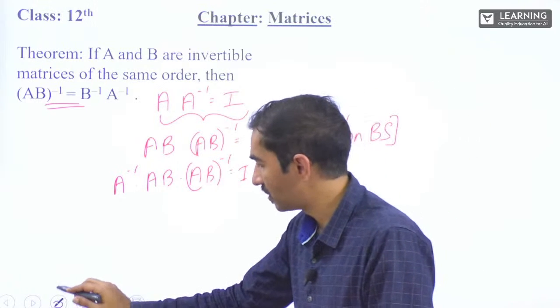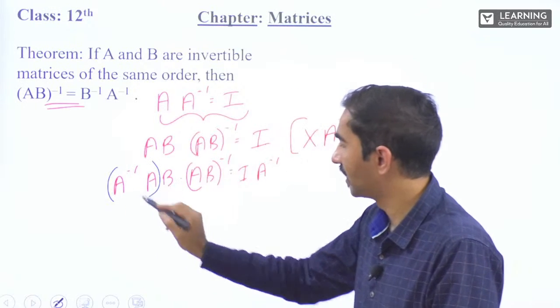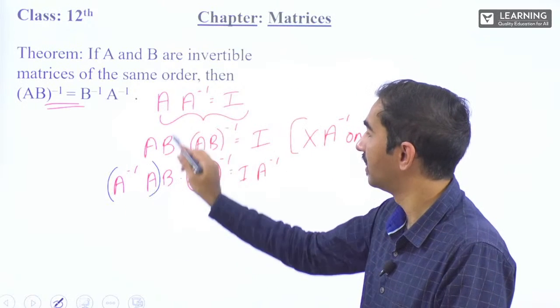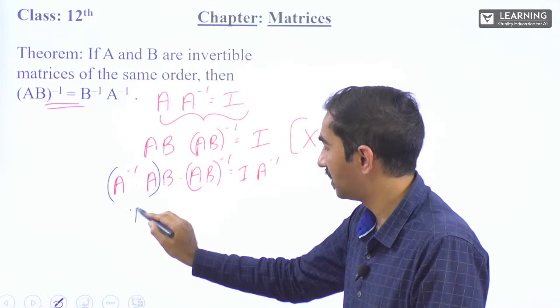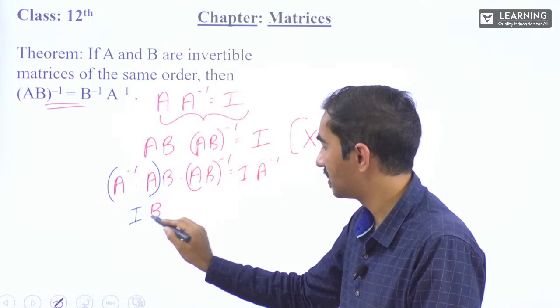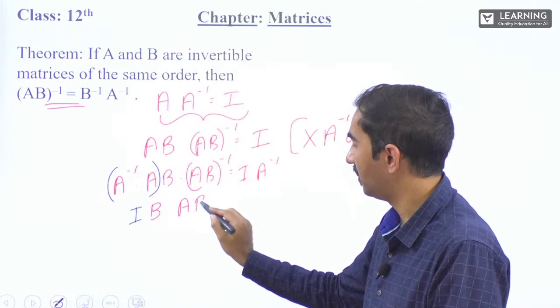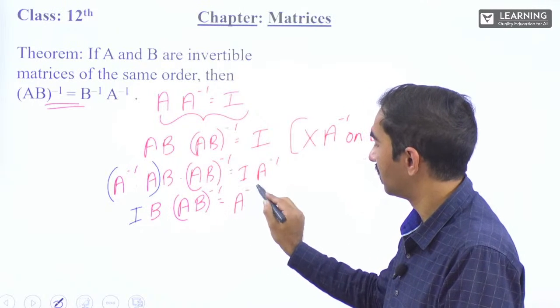Now see, students, we'll put the brackets here. This can be written as what? I, correct? A dot A inverse or A inverse into A will be equal to I. So this can be written as I, continuing with the red color again, B as it is, dot AB the whole inverse is equal to A inverse.